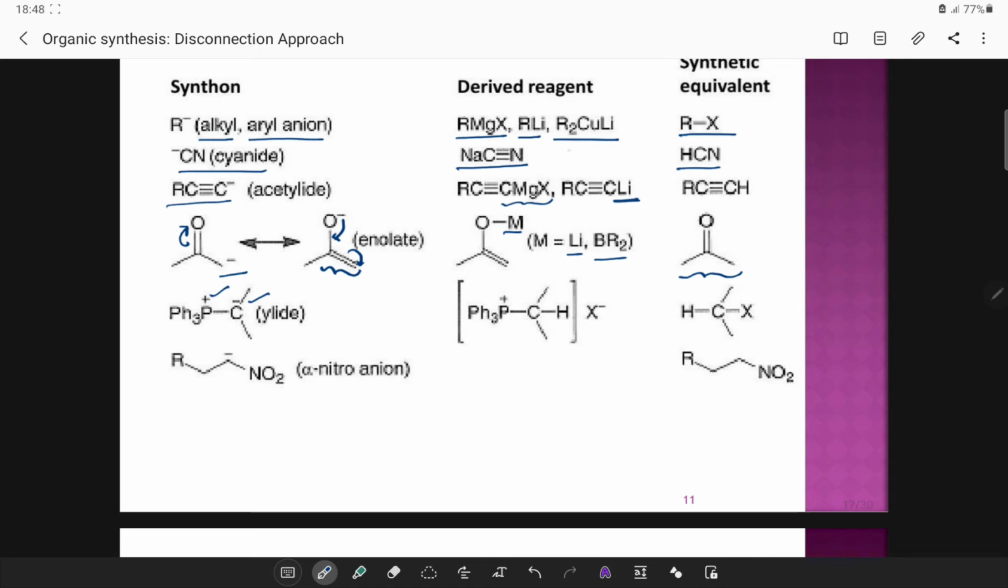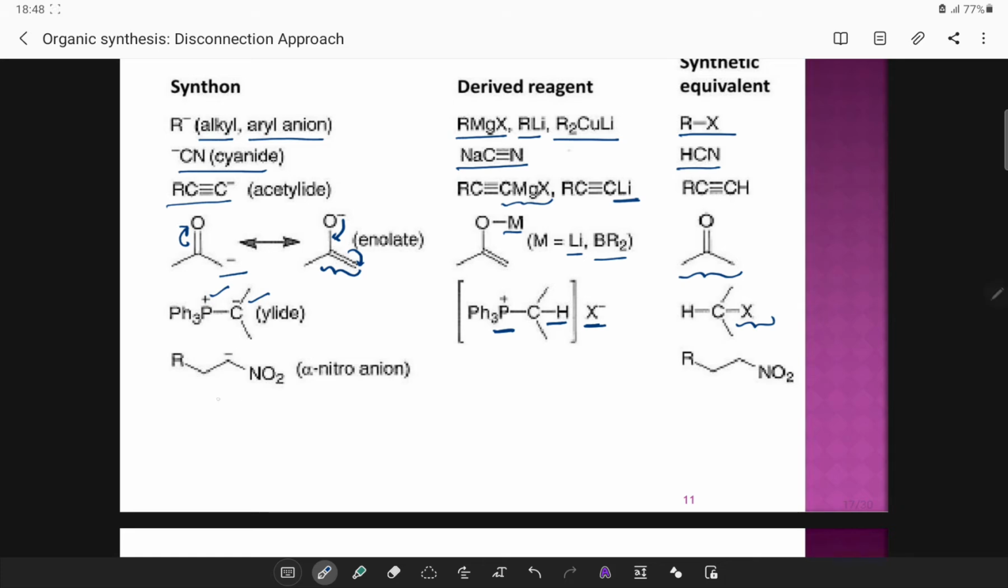This can be derived from an intermediate where carbon will be attached to this proton, and in turn the whole intermediate is having an X minus as its outside anion system, which is going to balance this cationic species on the phosphorus system. Their synthetic equivalent can be something where it is CH3X. In turn, I can get it with a phosphonium ylide system.